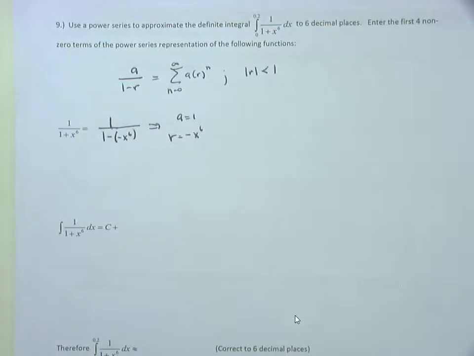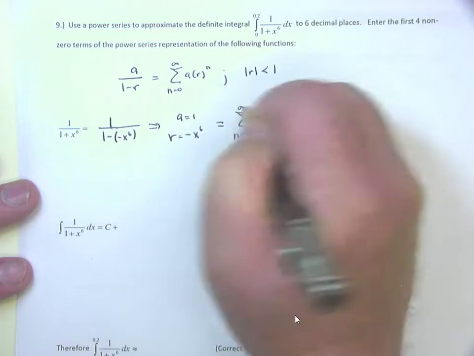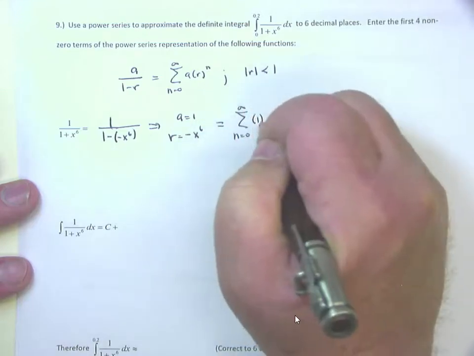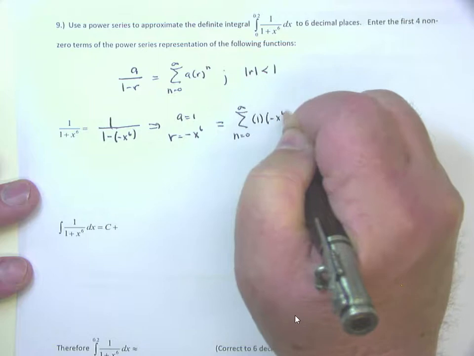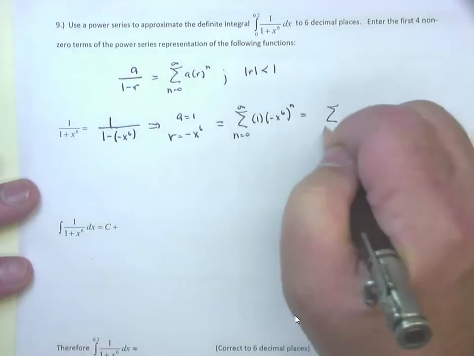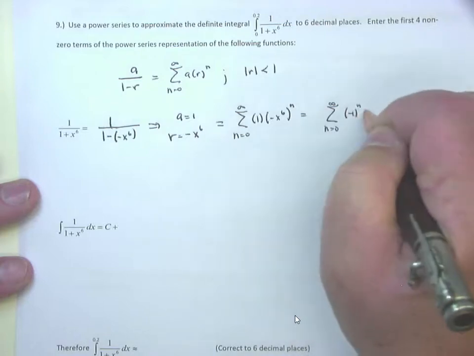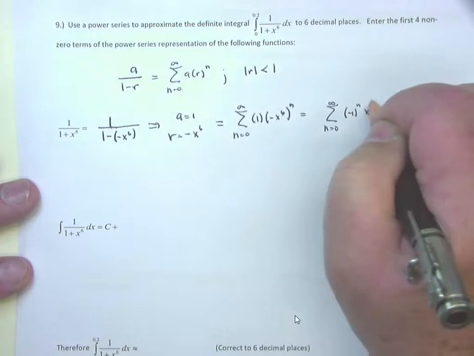So plugging this into my formula, this would be equal to the sum as n goes from 0 to infinity of a, which is 1, r, which is negative x to the 6th to the n power. Clean them up. This is the sum as n goes from 0 to infinity of negative 1 to the n, x to the power 6n.